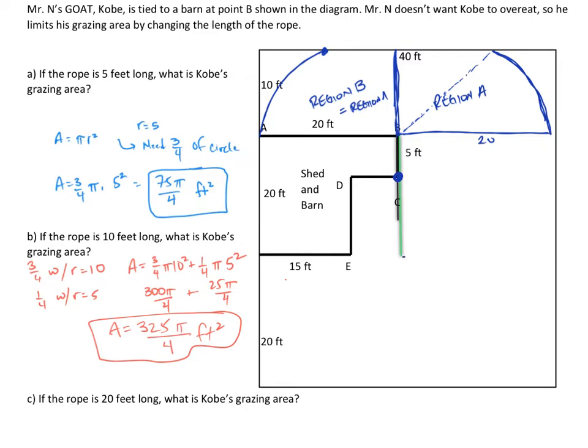So I've got this other region in here that goes like that, and I'll call that Region C. And the reason I'm breaking up these regions is I'm going to find each area separately as a separate problem, then add them all up. That's the easiest way to do it. There's not just one formula that'll do the whole thing.